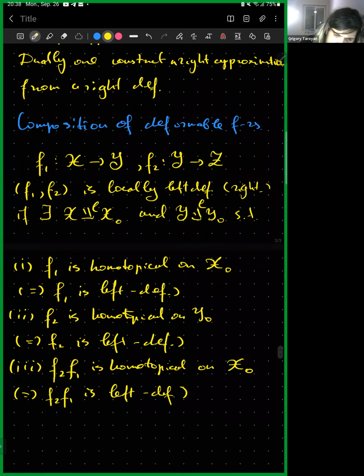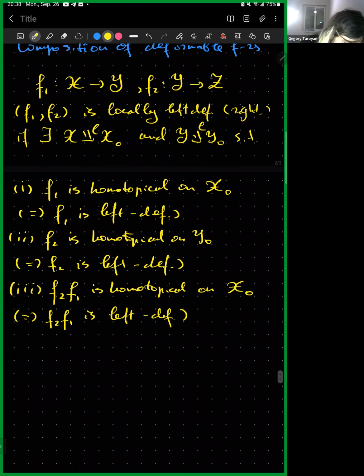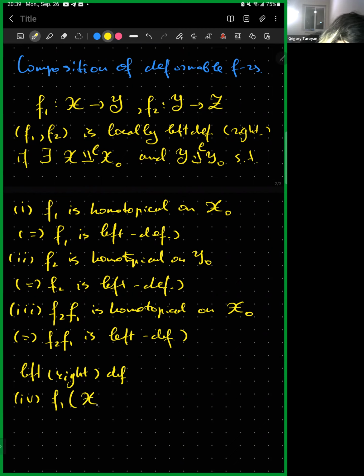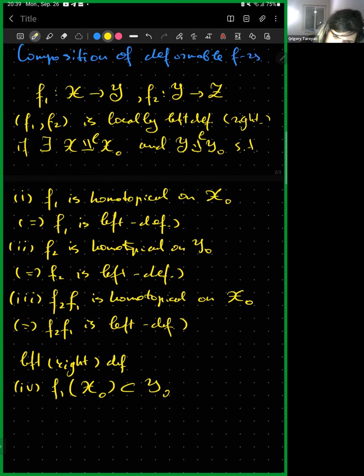Okay, so this was a condition of local left deformability, and for a stronger condition of just left or right deformability, we have the following condition. So F1 of X0 should be inside of Y0.